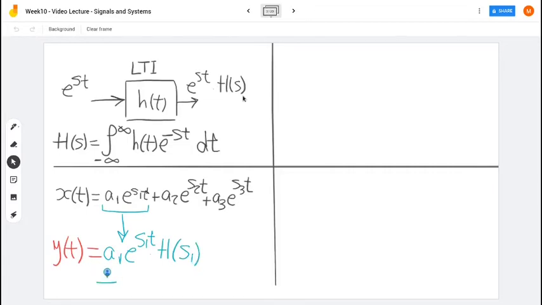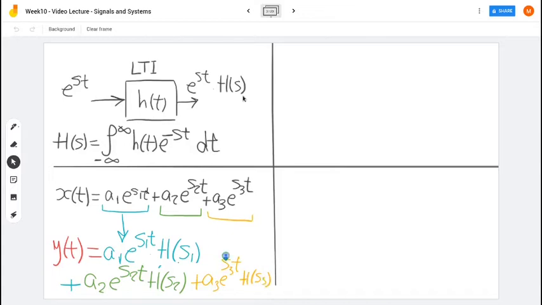Plus the second term, a2 e^(s2 t), will give us a2 e^(s2 t) times H(s2), and same for the third term. As you can see, dealing with an LTI system is now very easy compared to what we have been doing previously using convolution. So the third term will give us a3 e^(s3 t) times H(s3).